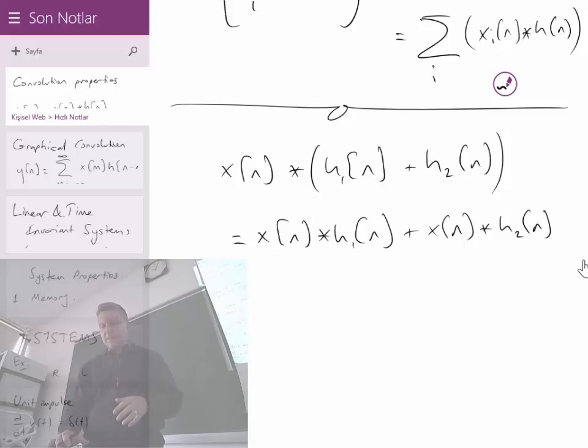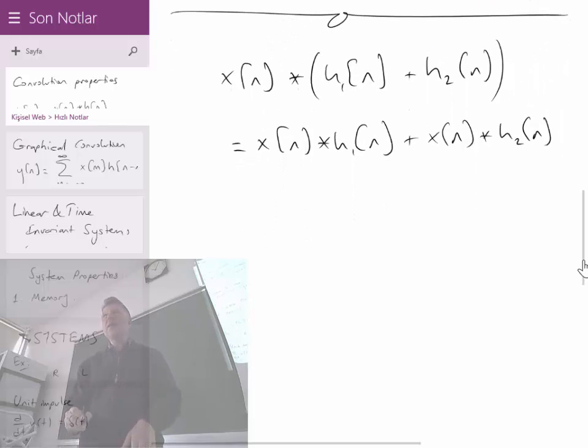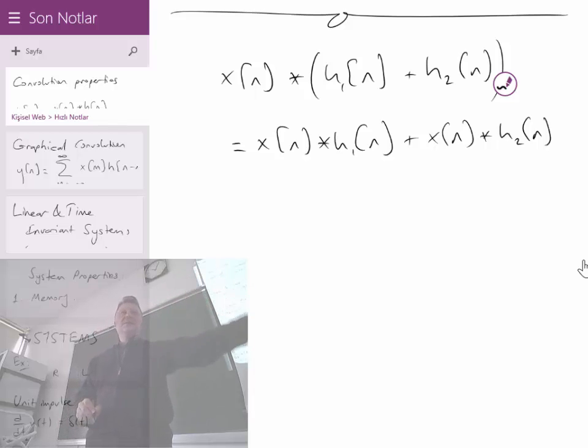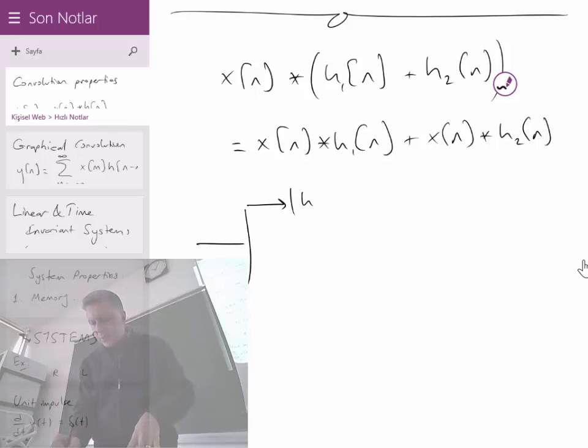What kind of a system is that? It's a parallel system. You can see it from here too. In one branch, the input signal passes through the first system, h1, and it produces an output. In another branch, it is convolved with h2 and produces an output, and those two outputs are added eventually. This is the formula for that. And therefore, this situation corresponds to this.